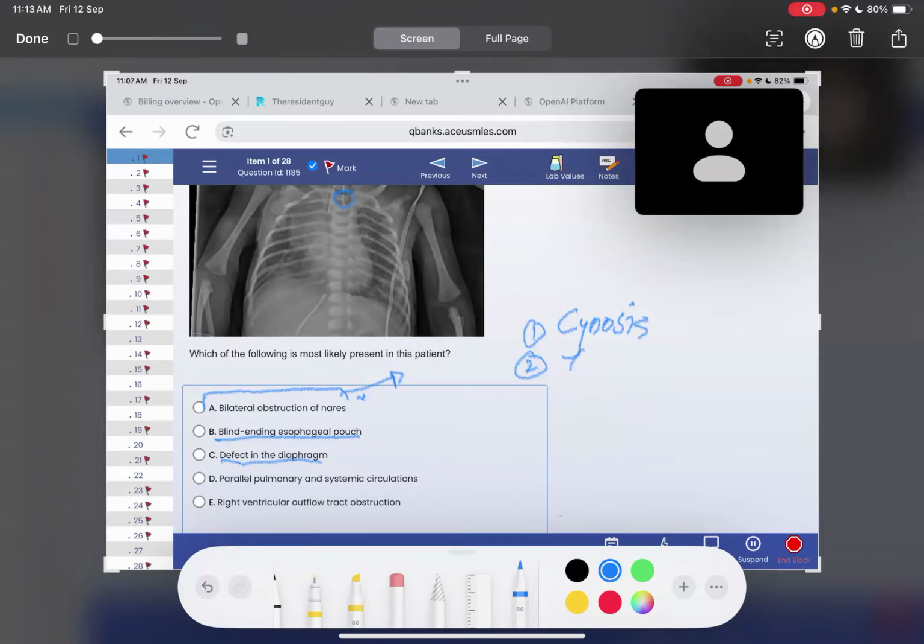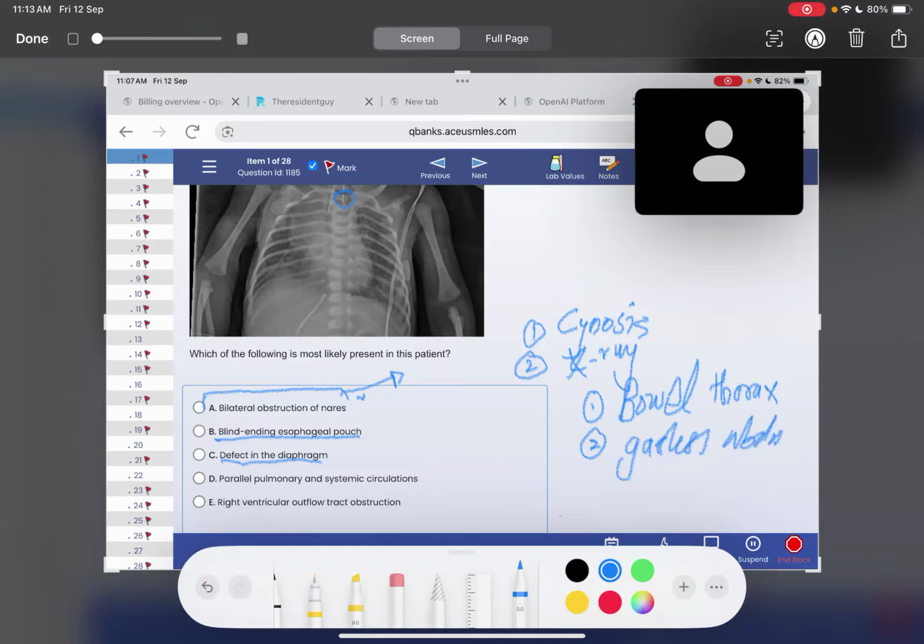And what will the chest X-ray finding be? Number one, there will be bowel in the thorax. Secondly, you will have a gasless abdomen.